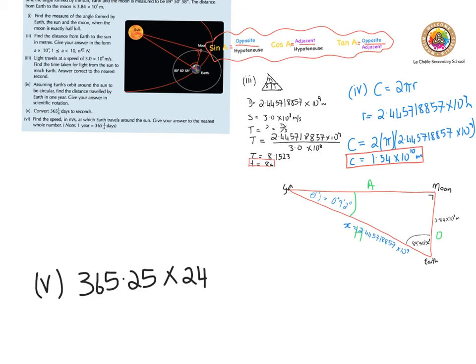Then by 60 minutes for each minute in those hours. And then we're converting into seconds, so I multiply it by a further 60 to put it into seconds. So that's going to give me an answer of 31,557,600 seconds. So that's our answer there.